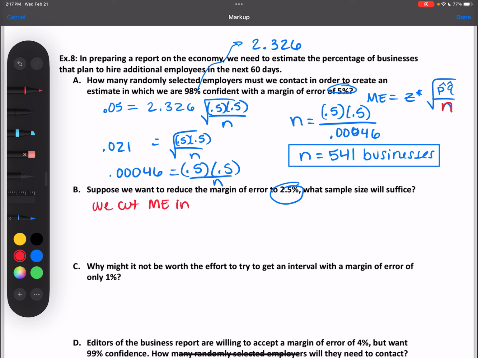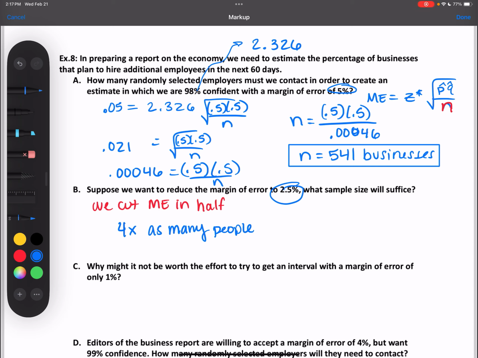Okay, yes, Peyton, you're on the right track. So what are we multiplying it by? We halved it, 2.5, and it's going to be squared. 4. Four times as many people. Oh, because the square root of 4.